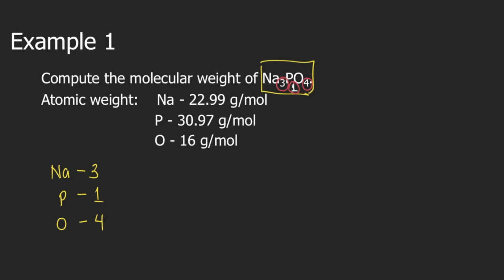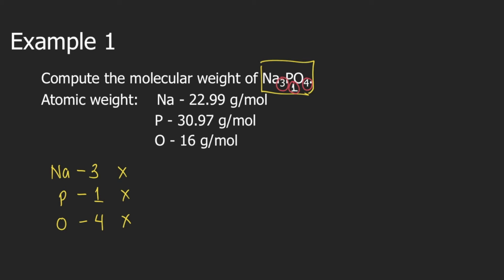Next step is to multiply the number of atoms to the atomic weight of the element. So I have also given here the atomic weights of Na, P, and O. If it is not given in the problem, you can look for the atomic weight using your periodic table.